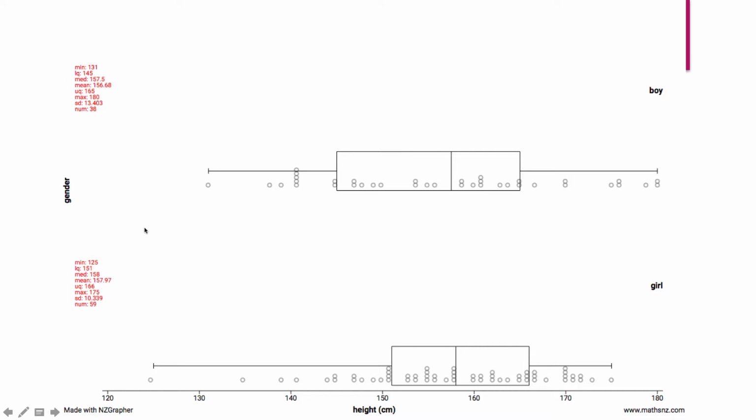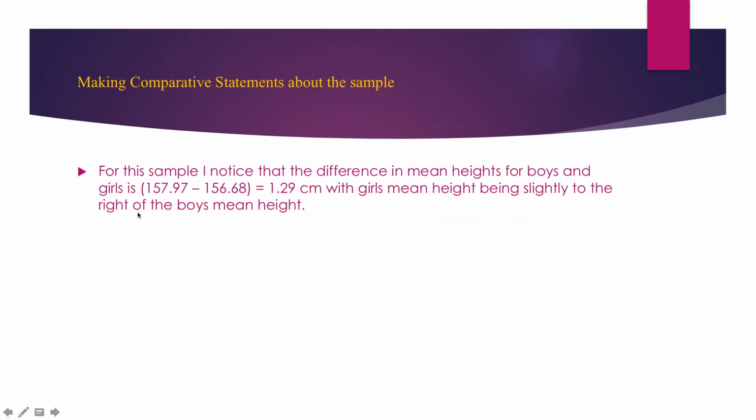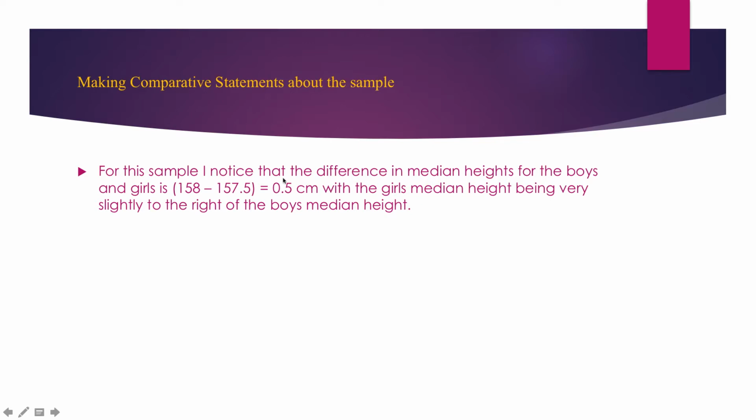So now I'm going to go and write that statement. So here's, for this sample, I notice that the difference in median heights, and this is what we mean by writing in context, I've mentioned the variable I'm using, for boys and girls is 158 minus 157.5, and you must show your evidence. So you can't just put 0.5 centimeters, you must show why.